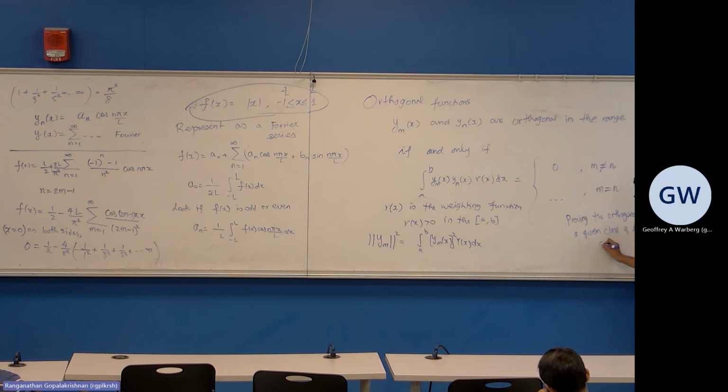Like for example, either trigonometric functions, sine m pi x, cos m pi x, Legendre polynomials of order m, where m is an integer, maybe denoted pm of x, and then Bessel functions jm of x. So proving the orthogonality of these is one of the question types we can think of.